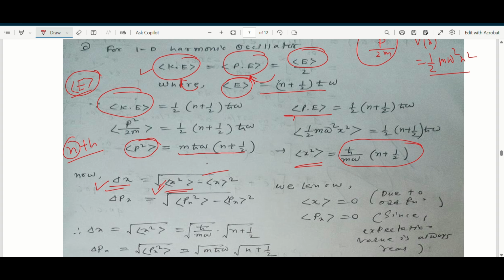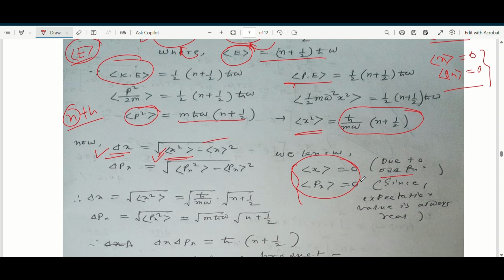We know that the expectation of x and the expectation of px for a harmonic oscillator are 0, because of odd functions. Since the expectation value of p is real, it is 0, and x is 0 due to the odd function. After substituting the calculated values of expectation of p squared and expectation of x squared, we easily get del x and del px.